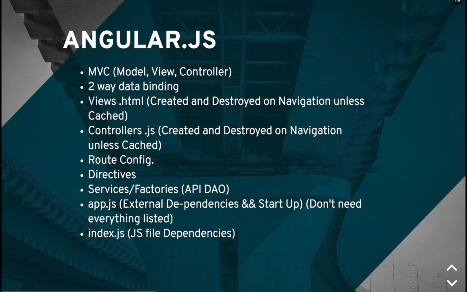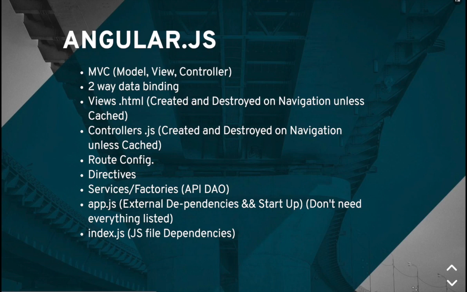Instead, the directive is packaged up and placed onto another view. So first you're going to have a view and controller that has a route that you can navigate to, and then on that view you'll have a directive, which is a reference to another set of view and controller. We'll take another look at that in our code base in a moment, so don't worry if it's confusing right now.